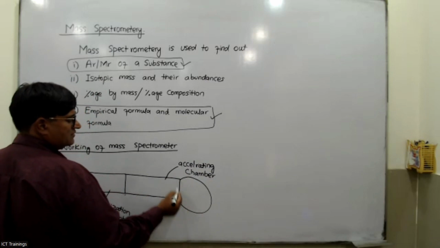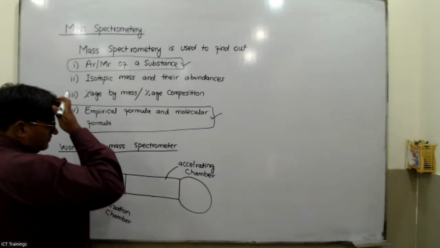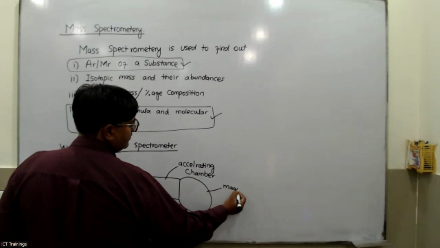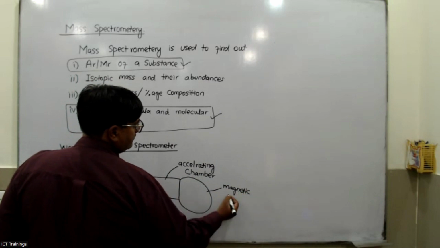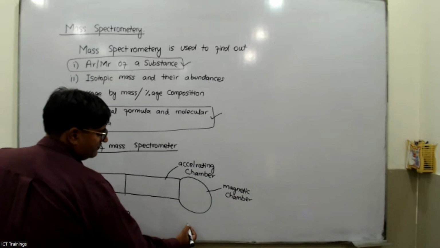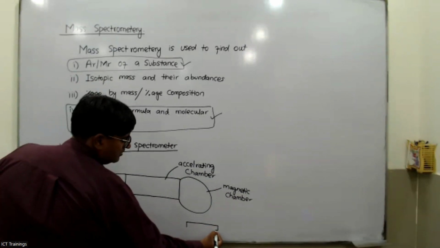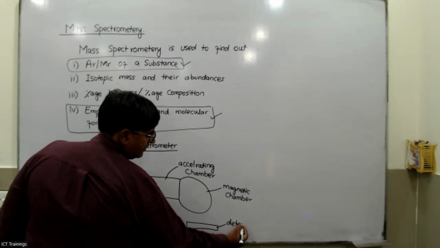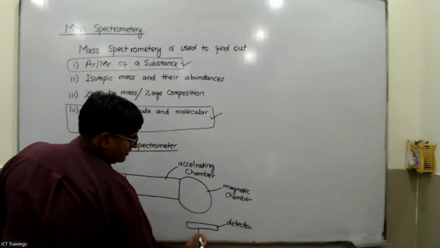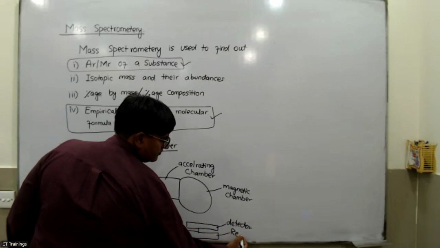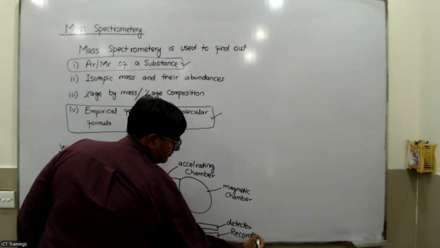And the third part of the mass spectrometer is the magnetic chamber. And with the magnetic chamber, you get the detector with the recorder. So this is the recorder.